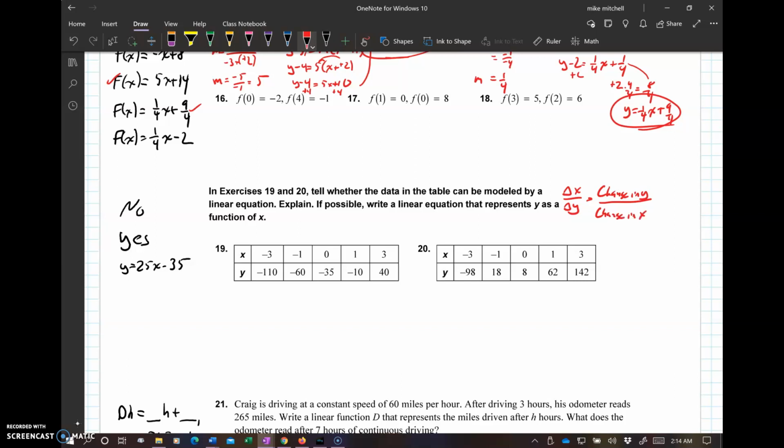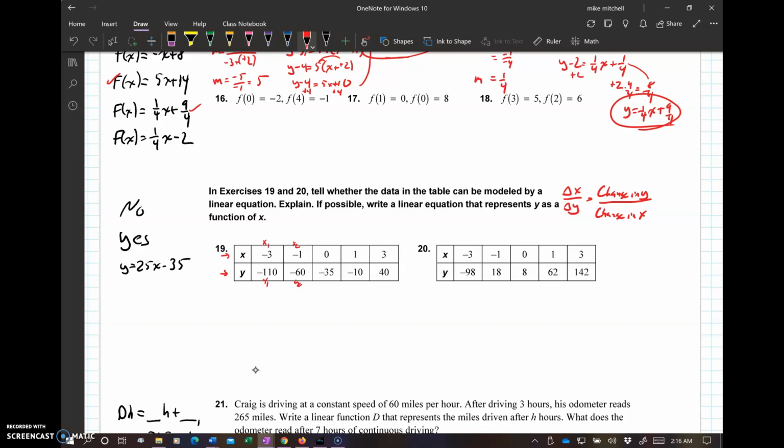And you got to check all of these, okay? So be careful with this here, kids. Remember, these are your y's, these are your x's. So this is going to be like x1, x2, y1, y2. I'm just going to look at these two. I've got to check all these and make sure they come out even. If they don't, it's not linear, so you got to check them all.